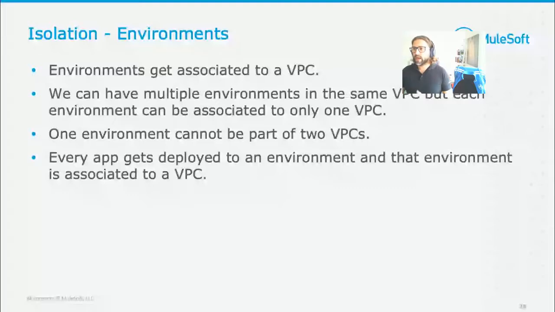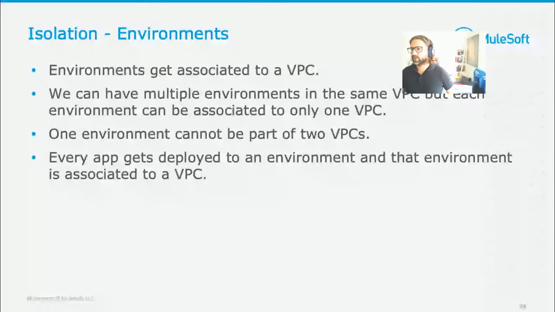This way, every application we deploy gets deployed to an environment, and that environment is associated to a VPC. We don't have any settings to link directly an application to a VPC. The application gets hosted into the VPC associated to the environment you are deploying to. This provides us with a mechanism of isolation for our applications or groups of applications.